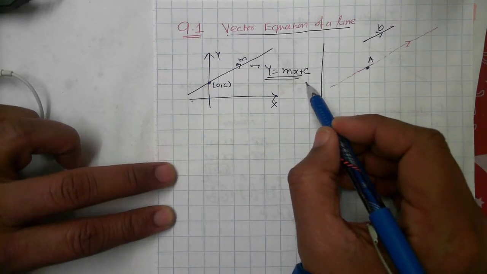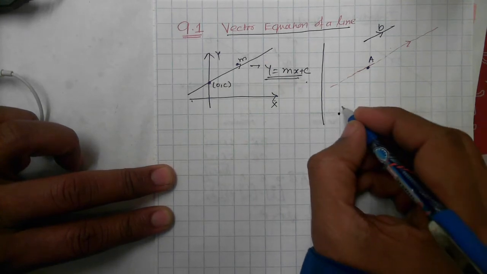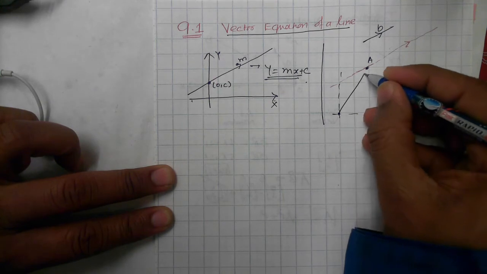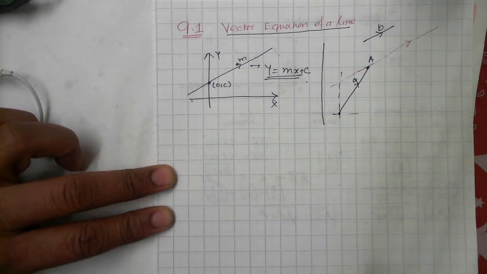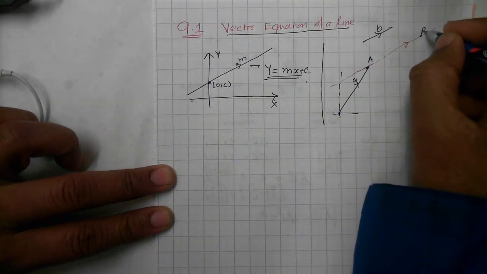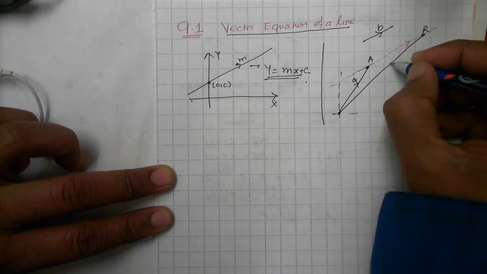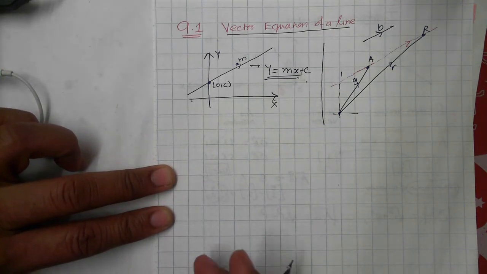If O is the origin of the coordinate axes, OA will be the position vector A, and let's say R can be any moving point on the line, so OR will be the vector r.